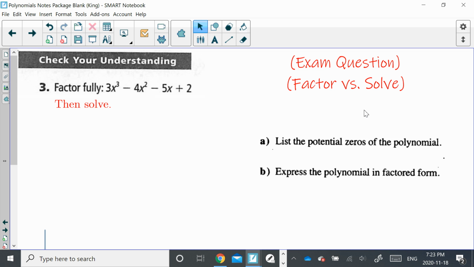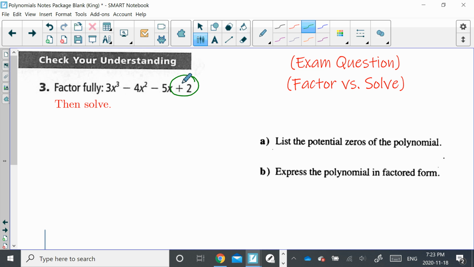The first thing we're going to do in order to solve this is list the potential zeros of the polynomial, and we've done this several times. You take the constant term, and the potential zeros of this polynomial would be the factors of 2. So the factors of 2 are plus or minus 1 and plus or minus 2.